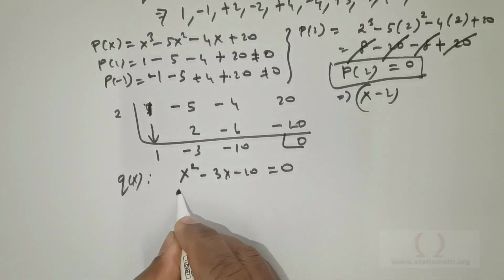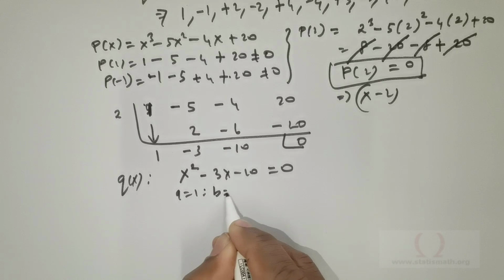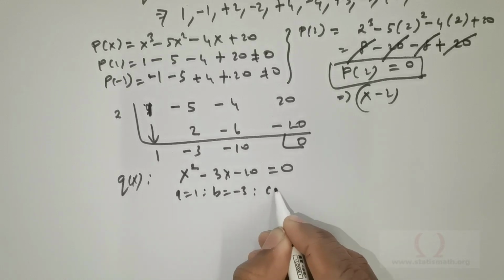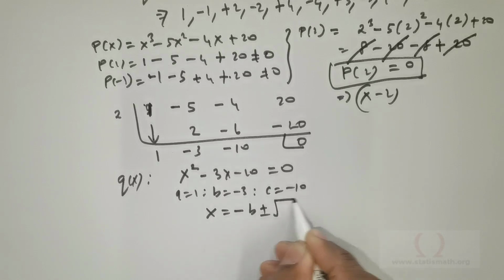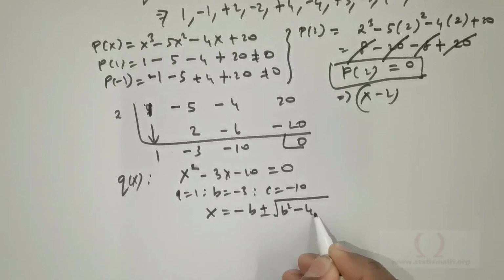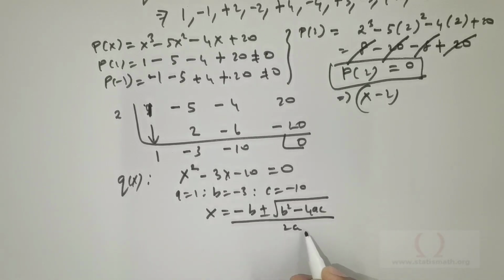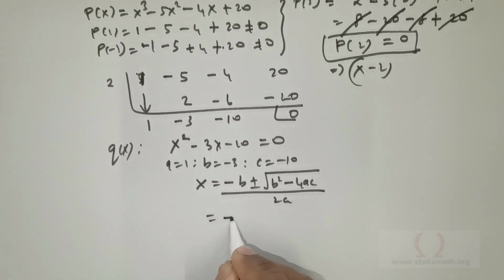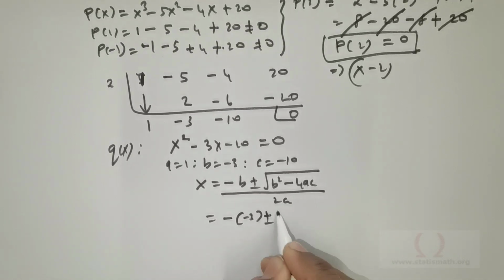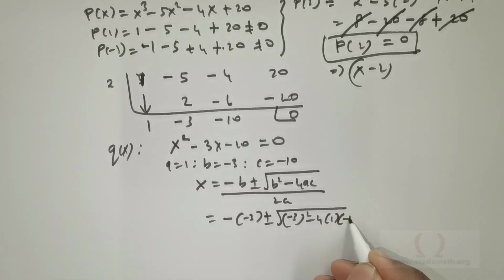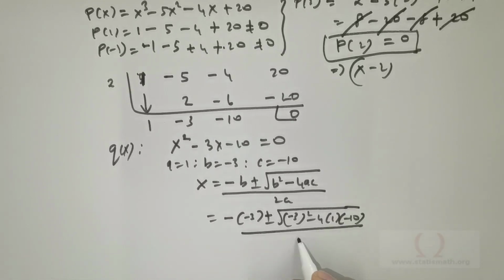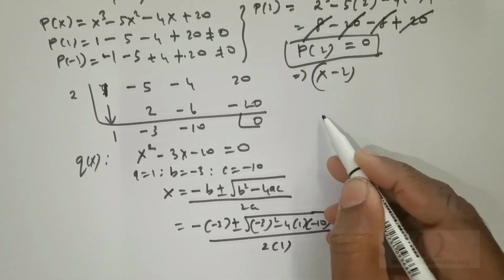Now I can use the quadratic formula. A is equal to 1, b is equal to -3, c is equal to -10. x is equal to -b plus or minus the root of b squared minus 4ac, divided by 2a. This gives me negative of -3 plus or minus the root of -3 squared minus 4 times a times -10, divided by 2 times a.